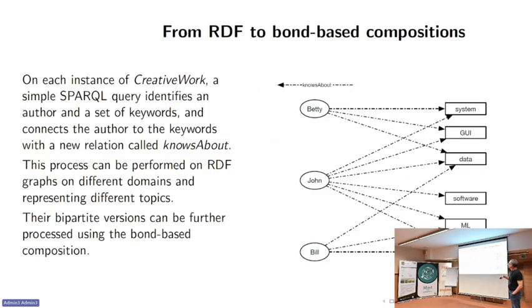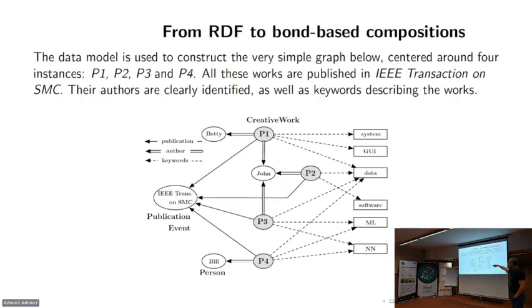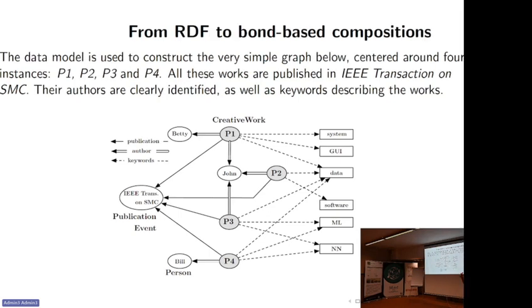Okay, then let me go back to this snippet. I am interested, for instance, in extracting information about which topics are known to each author. Then I could link authors with the keywords of the papers authored by him or her.